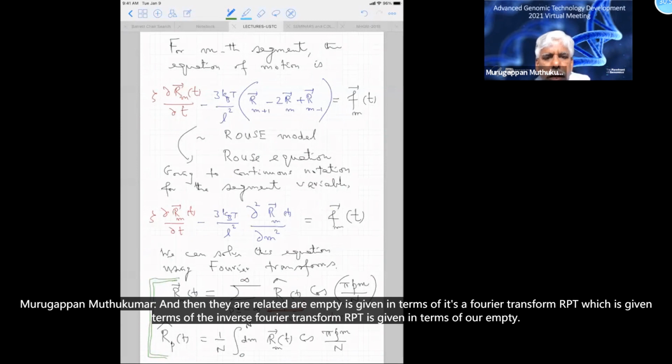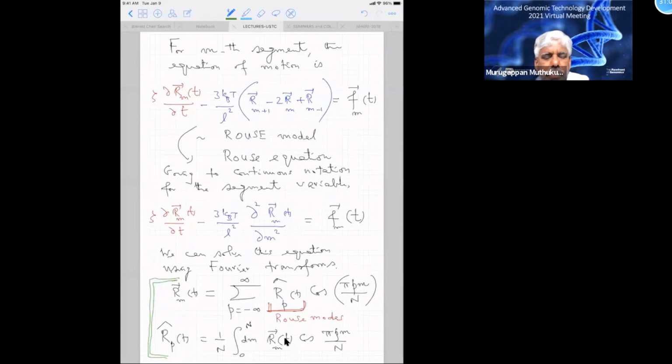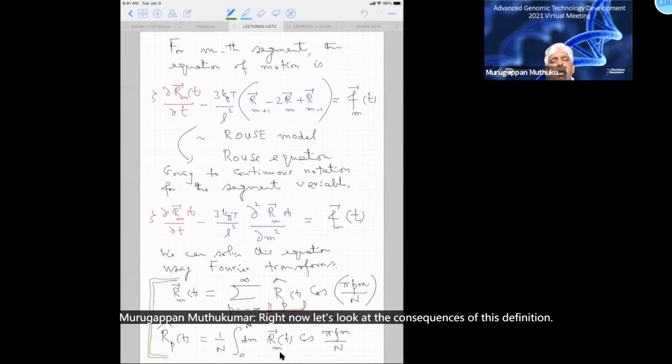And then they are related. R_m(t) is given in terms of its Fourier transform R_p(t), which is given in terms of the inverse Fourier transform. R_p(t) is given in terms of R_m(t). Right. Now let's look at the consequences of this definition.